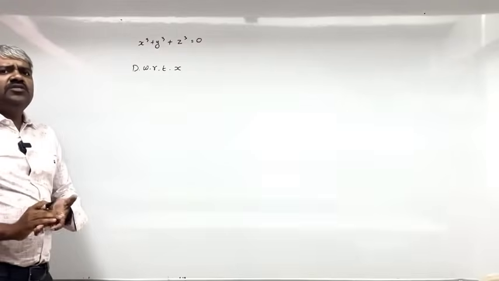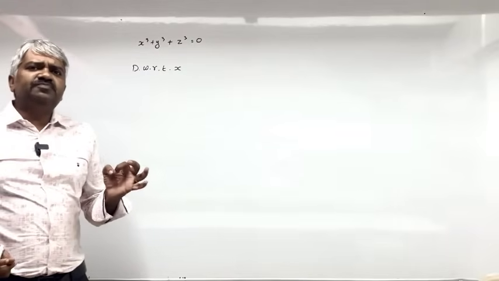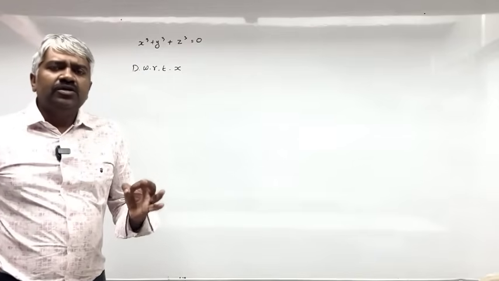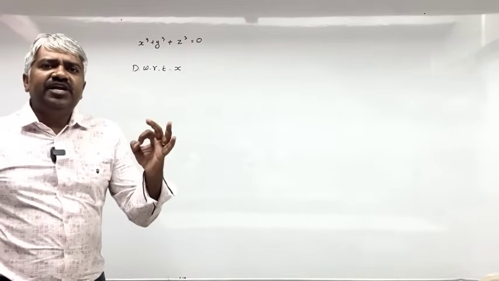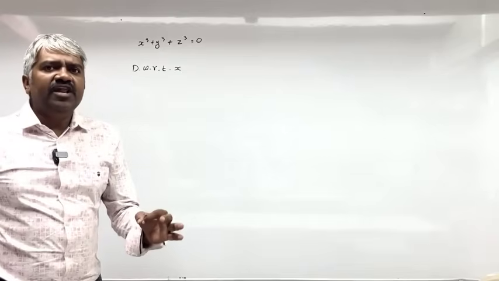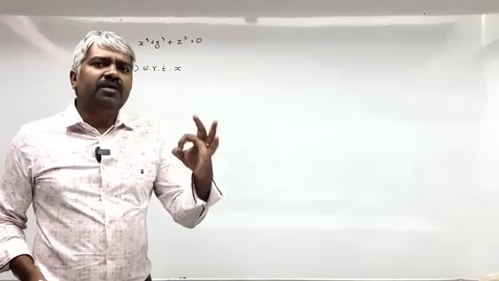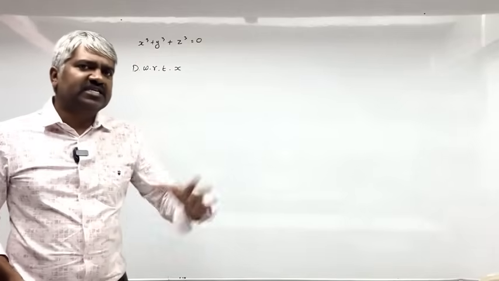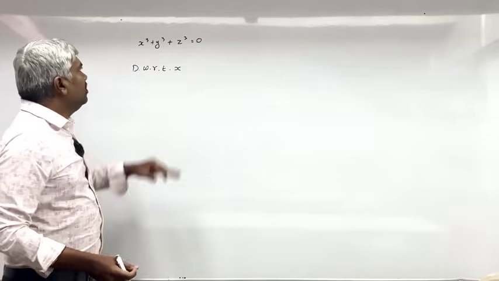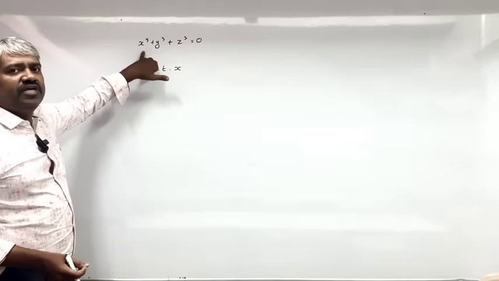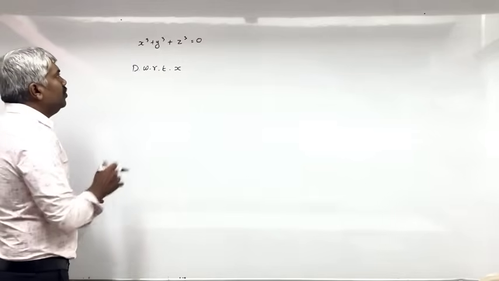Sir, what is this with respect to x? It means while differentiating any variable, you need to get permission from x. Right? Now, the first variable over here is x cube.